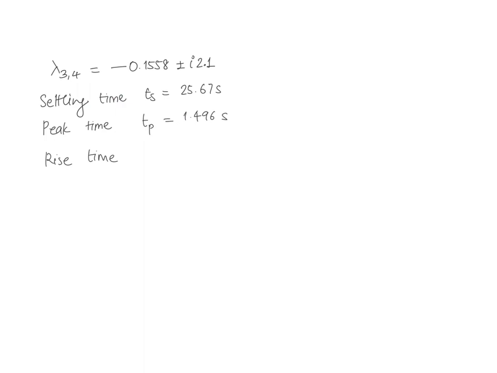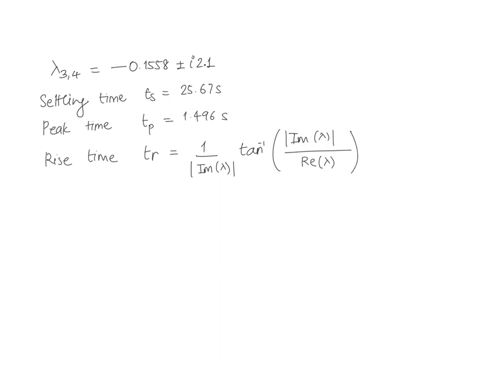Now to calculate the rise time, we have this formula. We have 1 over the absolute value of the imaginary part multiplied by tangent inverse of the imaginary part. Now this is where we need to be slightly careful. On the numerator we have the absolute value of the imaginary part, and on the denominator we have just the real part, not absolute value.